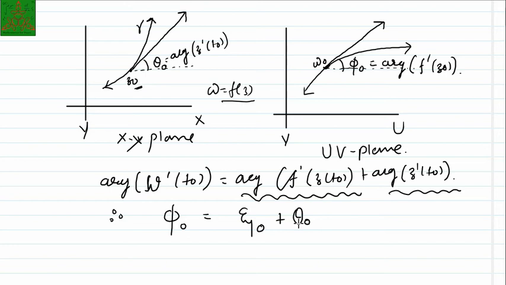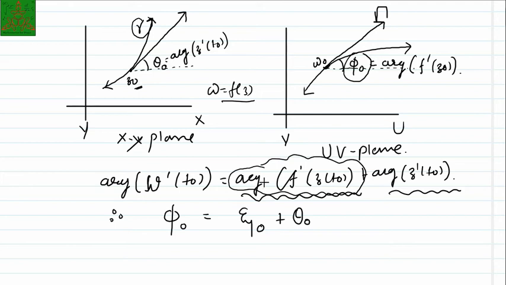So this theta 0 is the angle of inclination of the tangent to the gamma curve. The image of that gamma is denoted as capital Gamma, the image curve, whereas the rotation of this gamma is the value of the argument of f dash of z at 0.